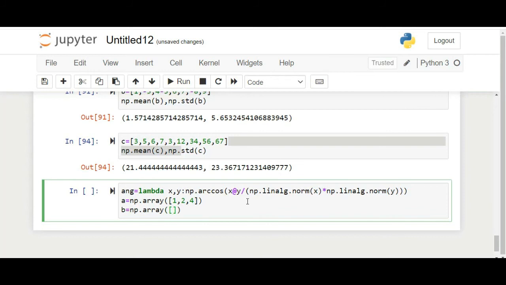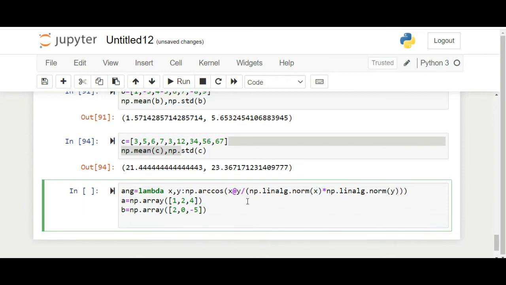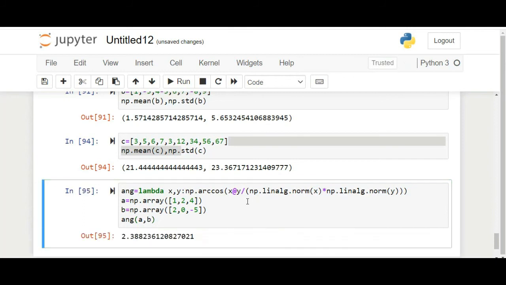We'll write 2 comma 0 comma minus 5, and then we will find the angle, angle between a comma b, Control and Enter. So this is the angle, and of course this angle will be in radians. Okay, so this is the angle which is in radian.